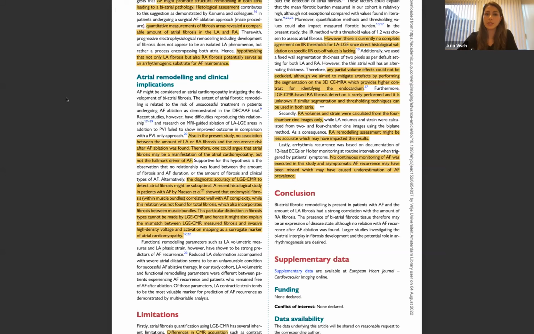So what we did was we used the MRA images because the contrast is bigger between the blood pool and the endocardium. By doing that, we hoped to better define where the actual endocardium was, and then we co-registered that with the LGE images. So that was one way to try to avoid it, but obviously you cannot avoid it entirely, I think. I don't know if Luke wants to add anything to that.